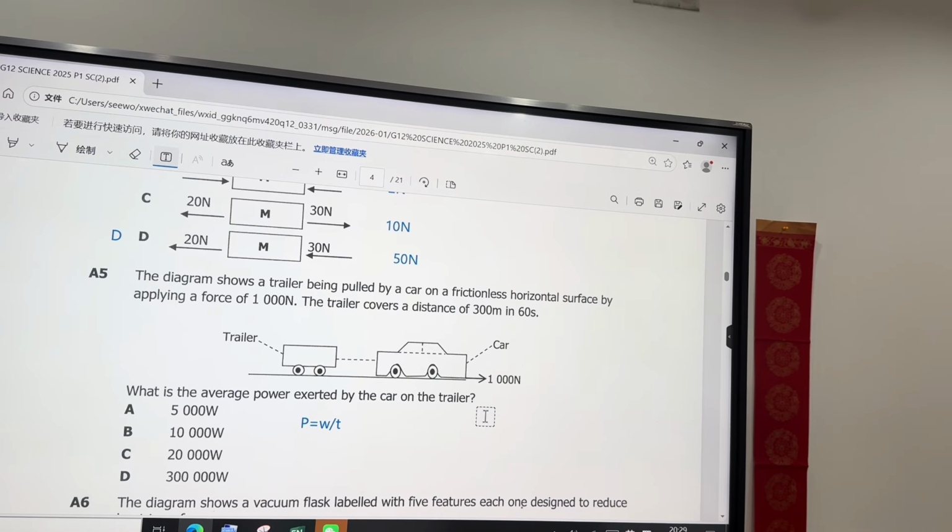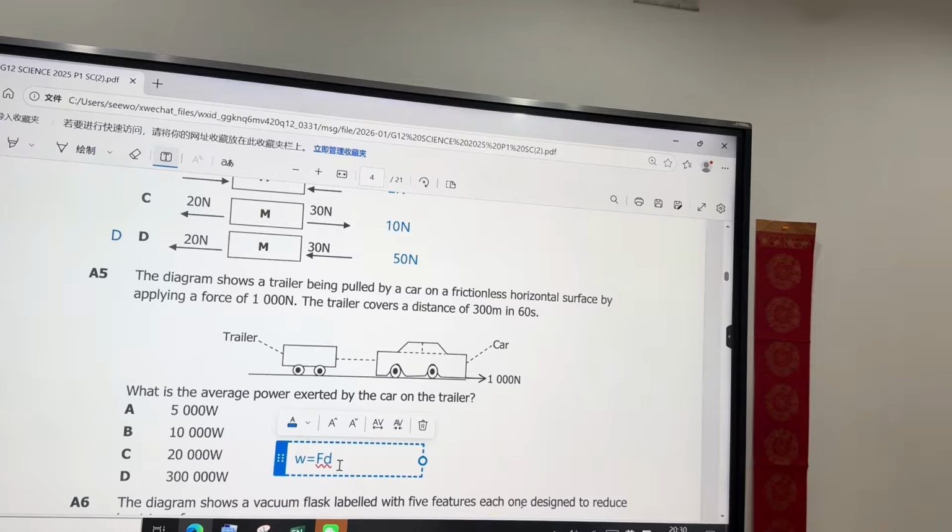So work is done when a force acts on an object and it moves it in the direction of the force. So work done is simply the product of the force and the distance moved in the direction of the force. That is what we mean by what? Work.